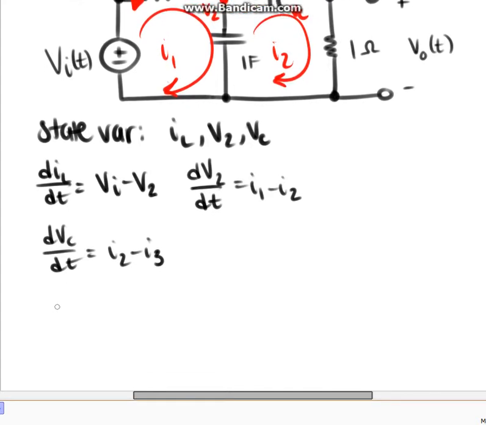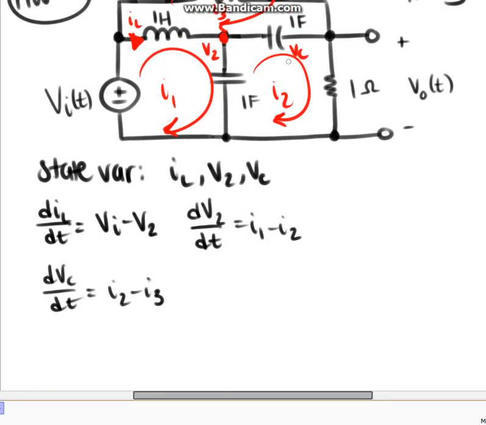So let's start with I2. We know that V2 is the voltage drop across the capacitor and the 1 ohm resistor.